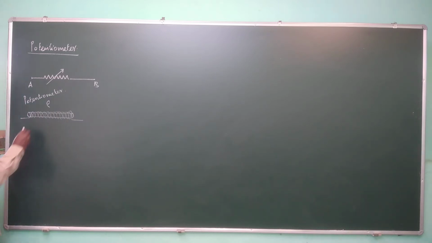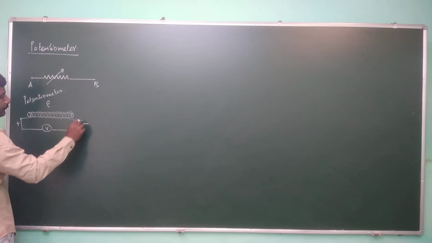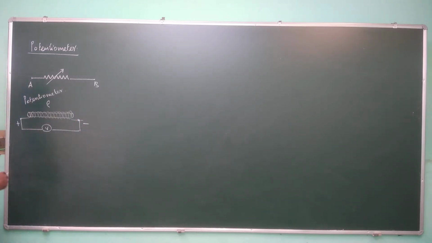If you apply positive on this side and negative on this side, and measure the potential difference by putting a voltmeter between the two extreme ends, you would observe more potential difference, as between the two extreme ends it has maximum resistance.